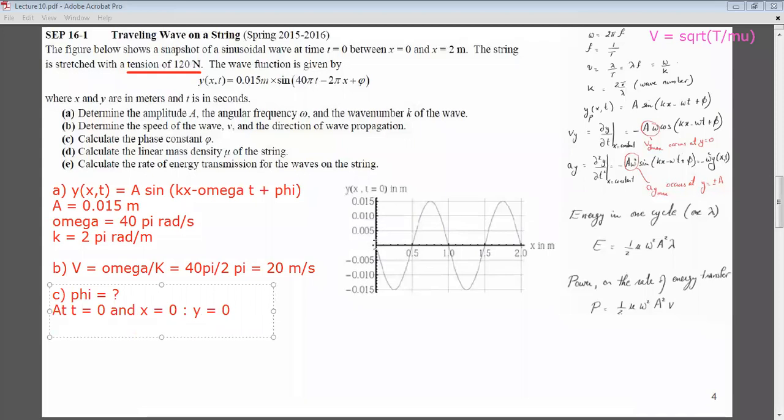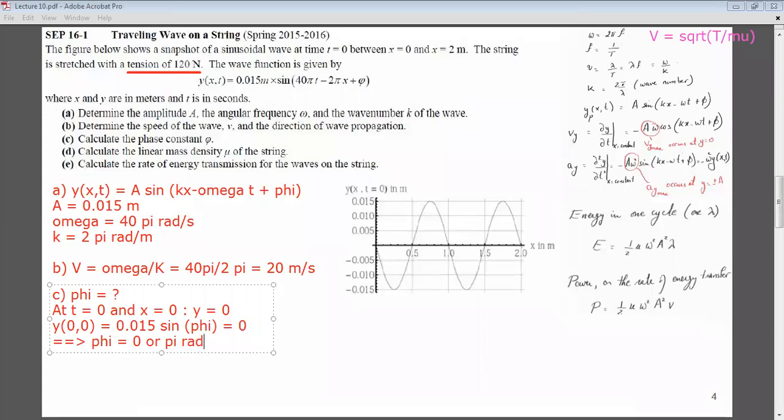So now we say y of 0, 0 is equal to, I come to this equation over here, 0.015 sine of phi, and this is equal to 0, which implies phi is equal to 0 or pi minus 0, so or pi.